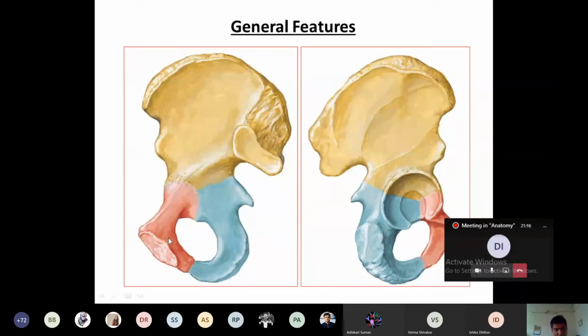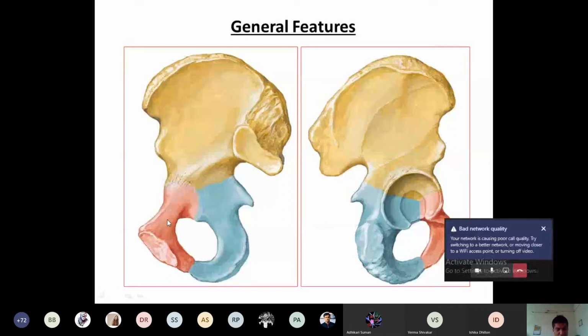This one is pelvic surface, and this one is the symphyseal surface, which articulates with the opposite pubis in the midline. This forms the pubic symphysis here. Okay, so this one is the symphyseal surface, and anteriorly there is the anterior surface.